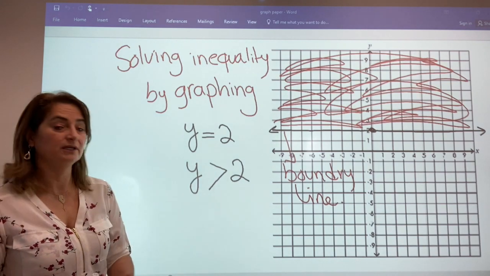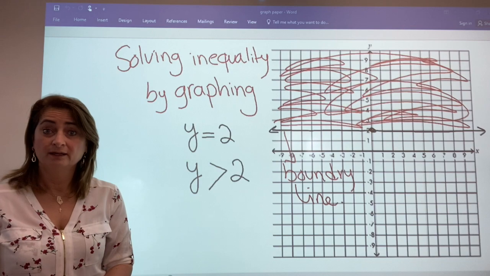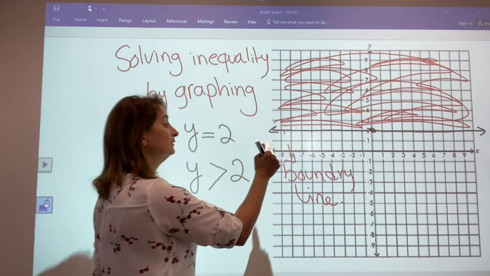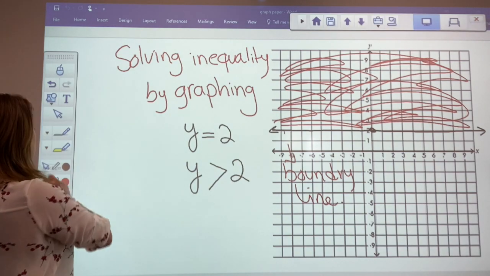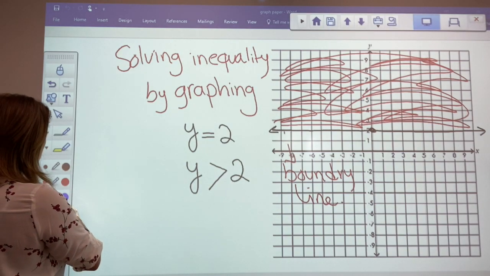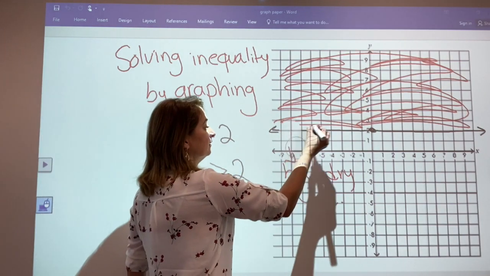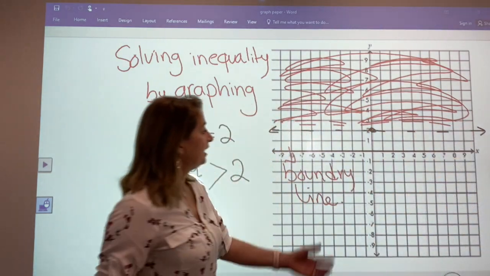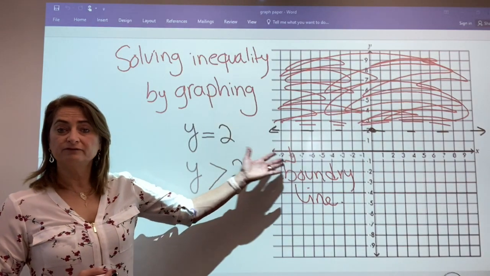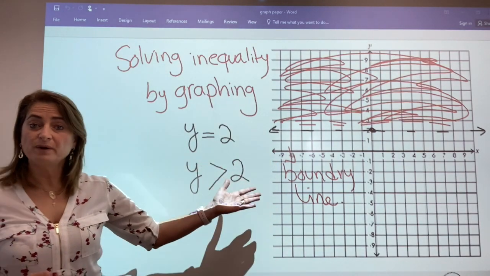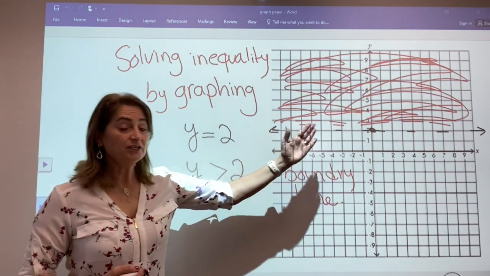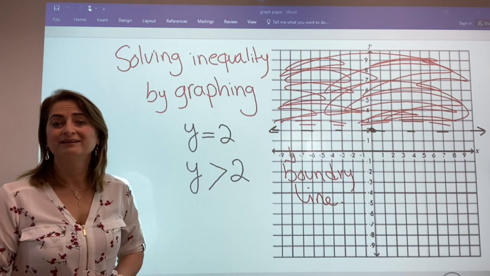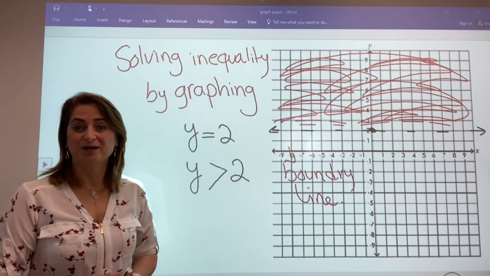Because it does not have the equal sign on the inequality, instead of drawing a solid line, now we make that line dashed. So this boundary line, when it's dashed, not solid, it means it's not included in the solution for this inequality.